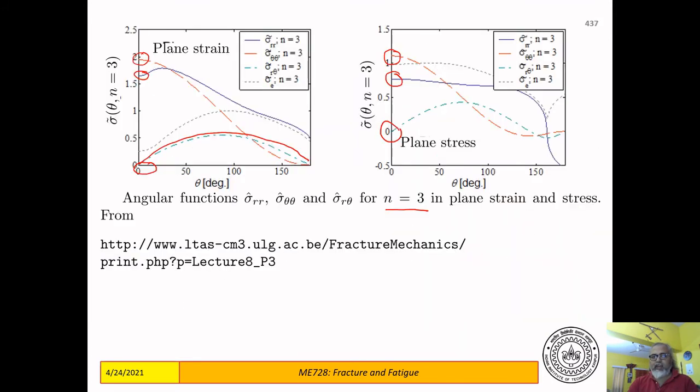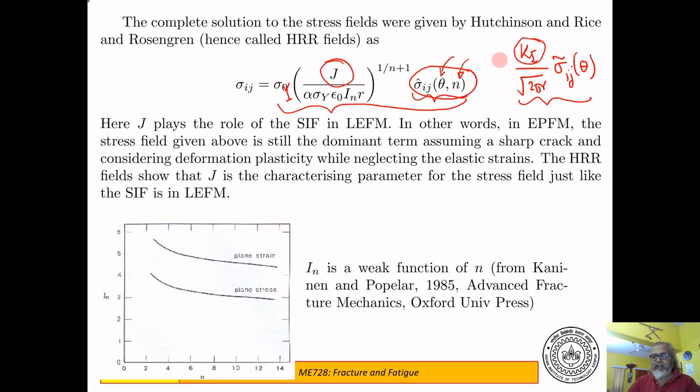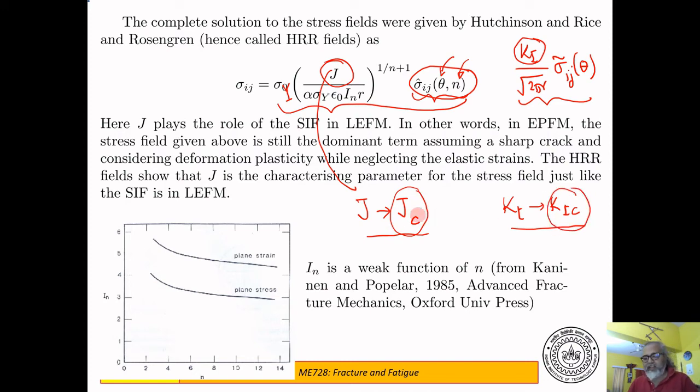We had said that K1 attaining K1C is the condition for crack growth. Similarly, here we can say J attaining JC is the condition for crack growth in case of an elastoplastic work hardening material. So we can have a JC which is exactly analogous to K1C for the plastic case.